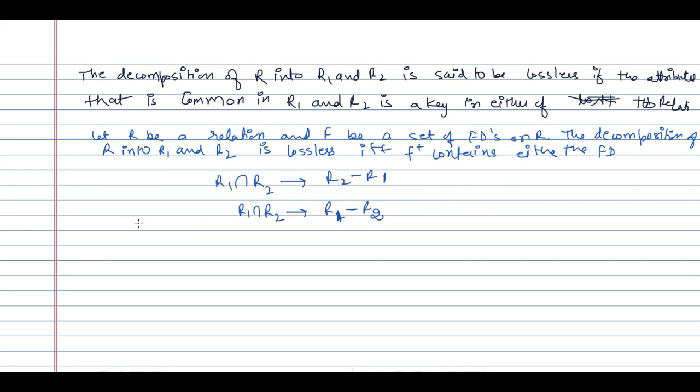Okay. So let me give you an example of this. What I mean to say from the above statements. Consider a relation R(A, B, C) with the functional dependency A determines B. Now it is decomposed into the relation R1(A, B) and the relation R2(B, C).